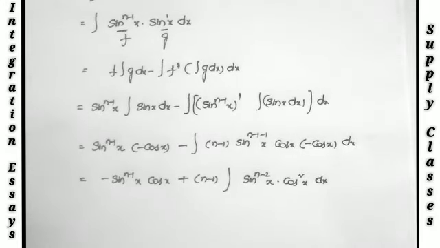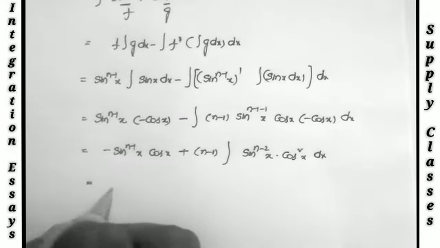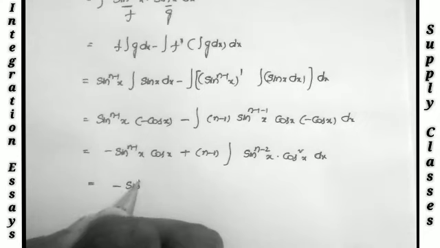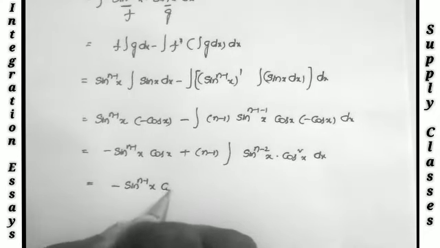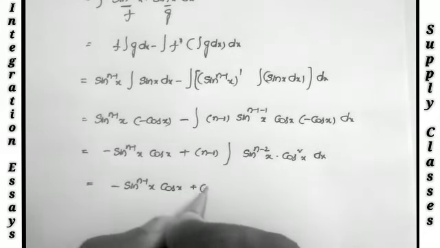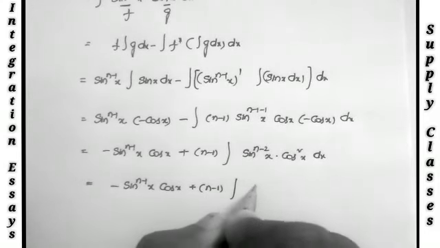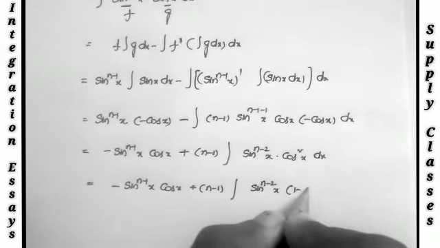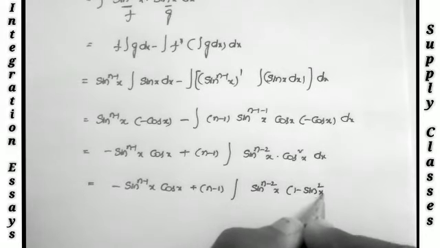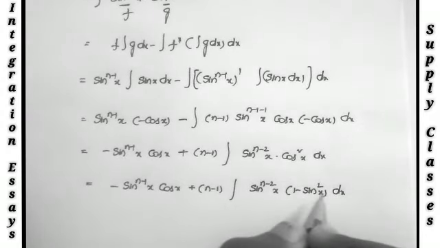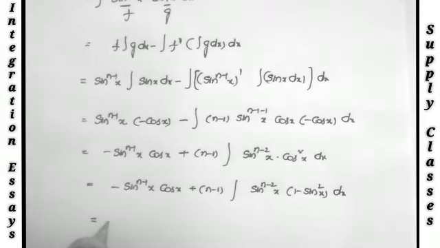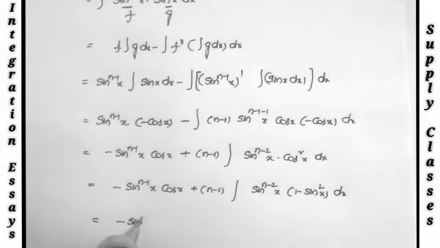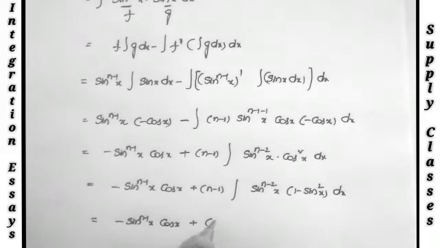Okay, and this is equal to minus sin^(n-1) x cos x plus n minus 1 into integral sin^(n-2) x into cos squared x, where cos squared x is equal to 1 minus sin squared x. Just I am taking this cos squared x as 1 minus sin squared x.